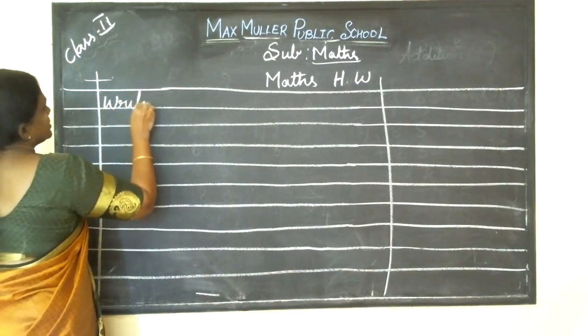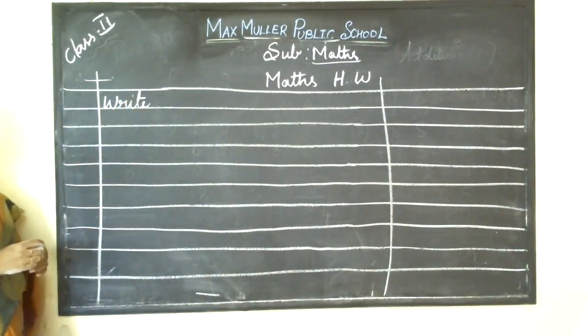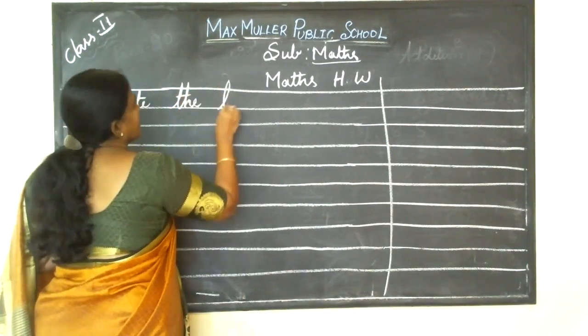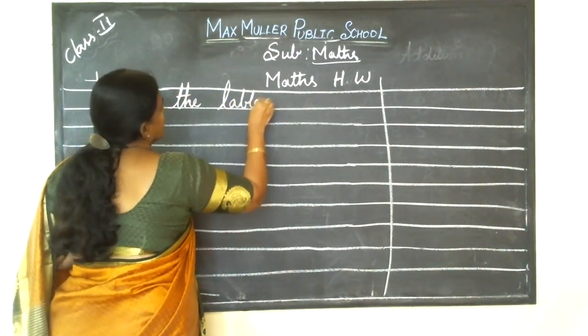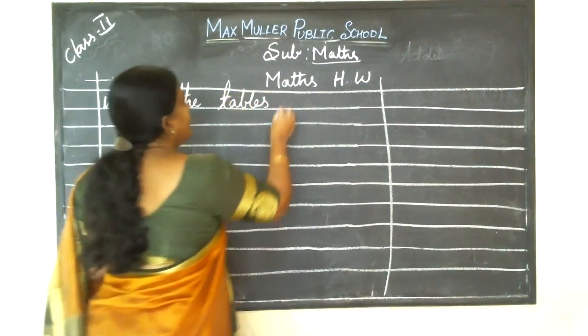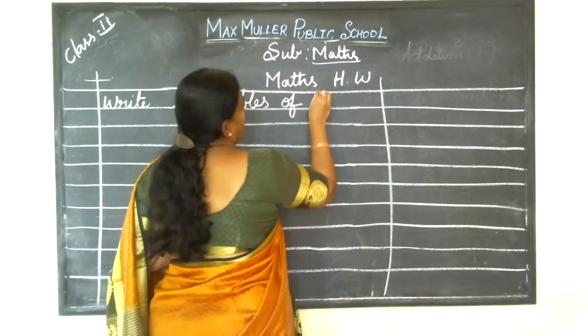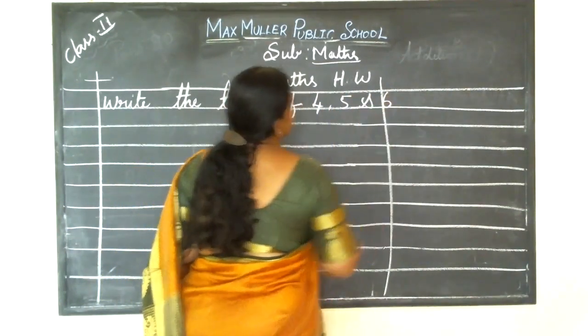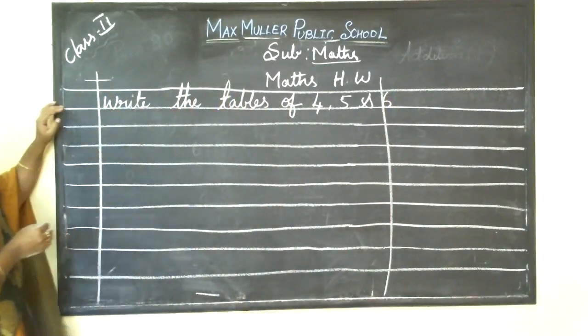Write the tables of 4, 5 and 6. This is the heading for maths homework, children.